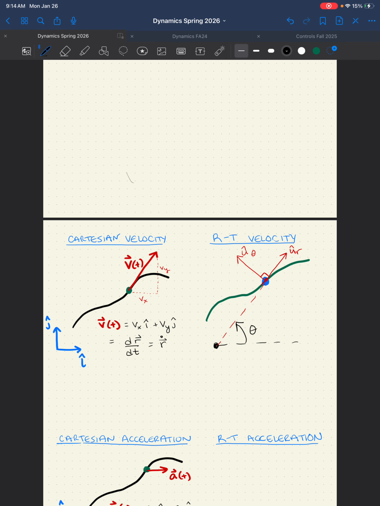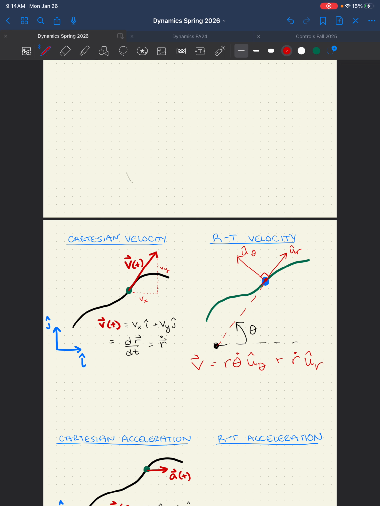And in fact, this expression, v equals r theta dot u hat theta plus r dot u hat r, that will be given to you in your equation sheet.